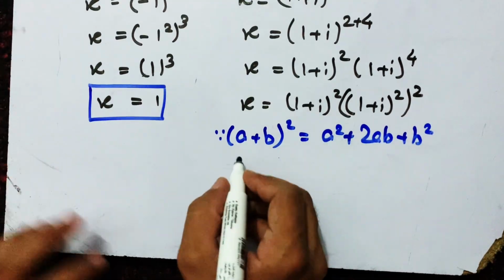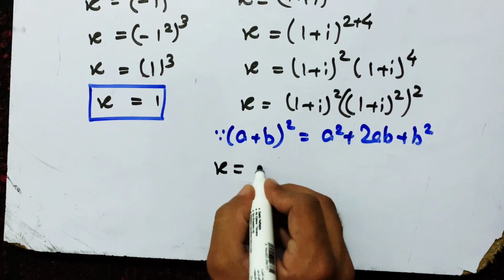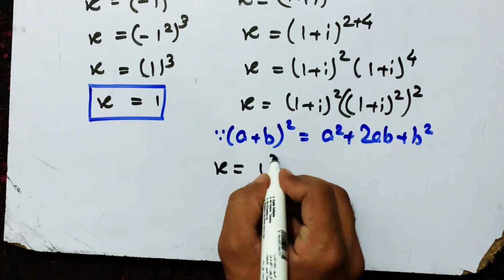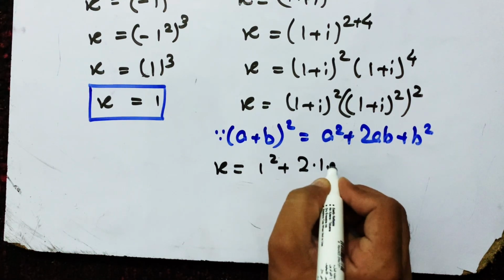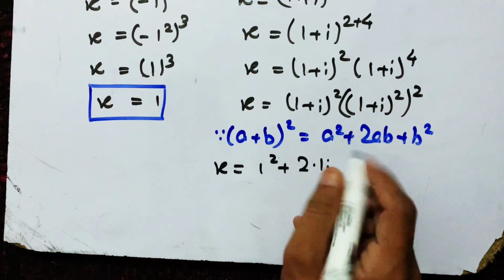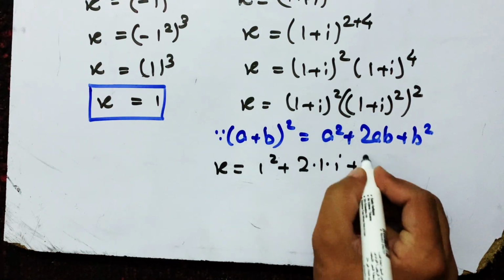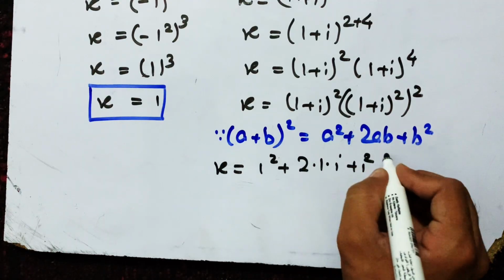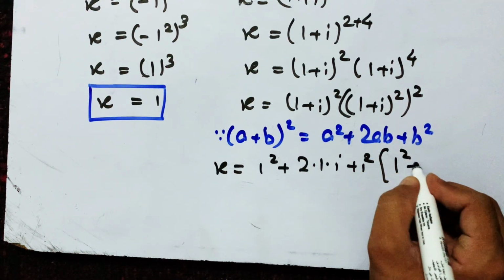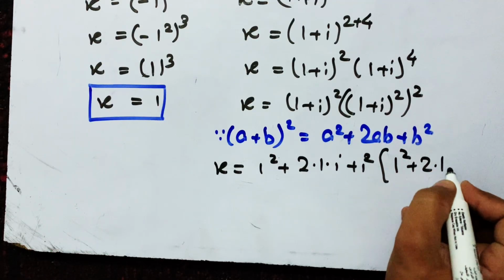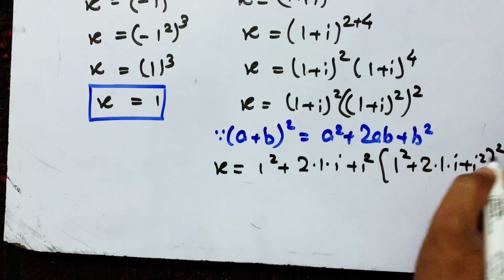This gives x is equal to 1 square plus 2 into 1 into iota plus iota square, and now 1 square plus 2 into 1 into iota plus iota square whole square.